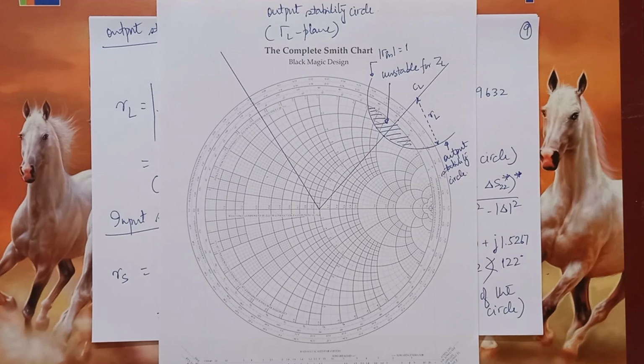So when they intersect with the Smith chart, we have to choose. One region could be stable, the other region could be potentially unstable. And the choice of that has to be done by looking at the value of S11 in magnitude or S22 in magnitude, whether you are doing it for the input stability circle or the output stability circle.